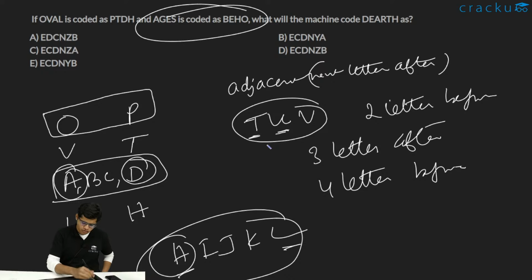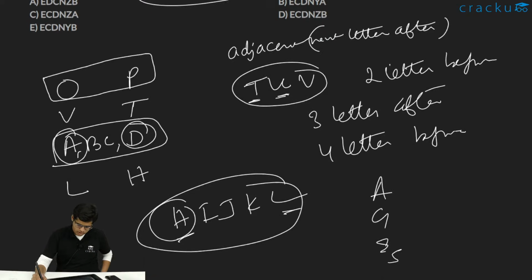Same can be told for AGES also. Right? One letter after A is B. Two letters before G is what?